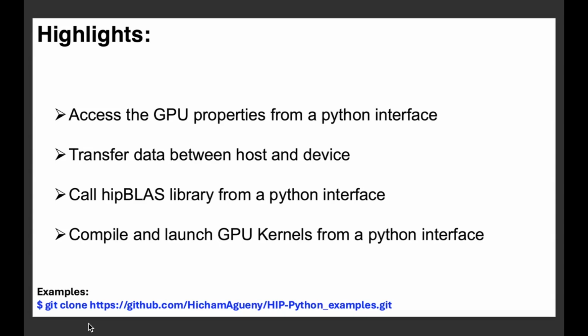The last point is an example of how you can run some math libraries that are optimized for AMD GPUs. And as I said, if I have enough time, I can briefly tell you about how you can compile and launch GPU kernels from the Python interface. So these are the major points that I will try to address in these 15 minutes.